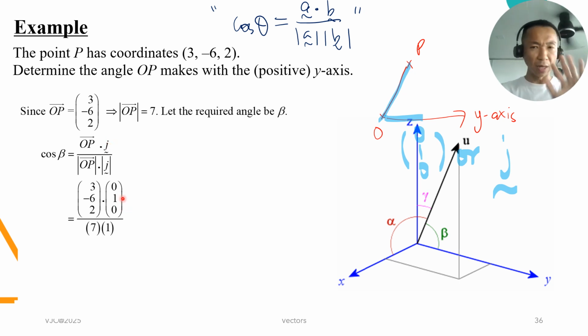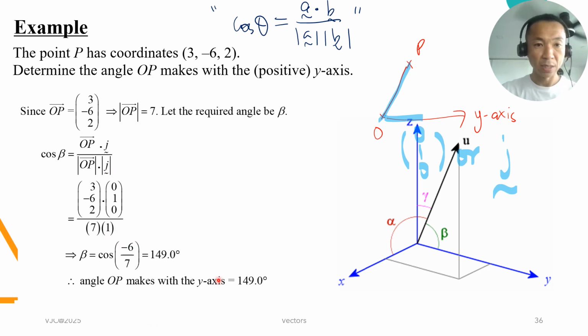So the calculation is not difficult. You just dot them, and the magnitude of j is 1. Then you get an angle, which is 149 degrees. All right, that's that.